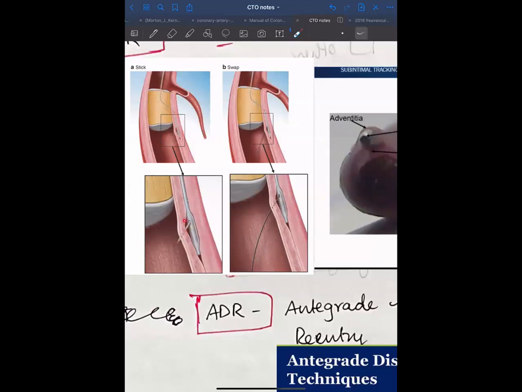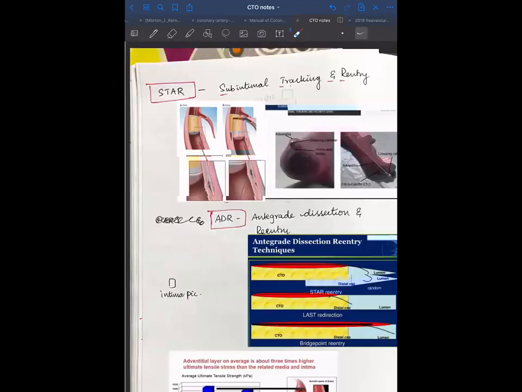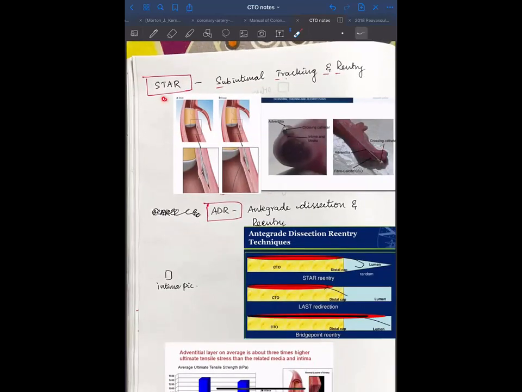This guide wire which is coming out is actually the Stingray one, which is a very hard steel, and which cannot be used for completing the rest of the procedure. So we swap it with our routine workhorse wire, which is why it is called a stick and swap technique. So these are the two ways we can use this subintimal tracking and re-entry technique.